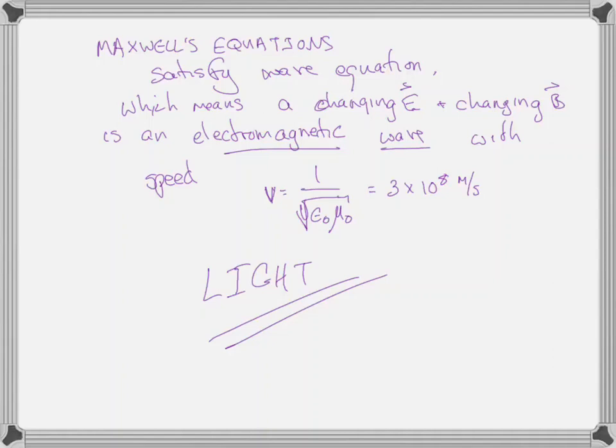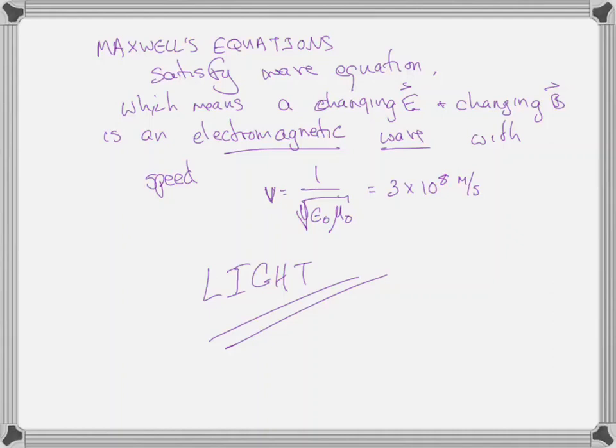That's really fast. So if you grabbed a bar magnet and shook it up and down with your hand, you are creating electromagnetic waves. You absolutely are. But you're creating really low frequency electromagnetic waves. Light is up, I think, in 10 to the 15th hertz, 10 to the 15th cycles per second. Super high frequency.